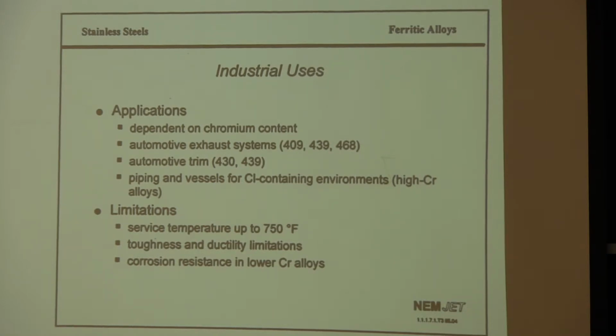And then on the lower chromium alloys, you do have to worry about corrosion resistance. That's why an automotive muffler that's made out of 409, for example, is still going to rust eventually, but it's more corrosion resistant than a plain carbon steel.